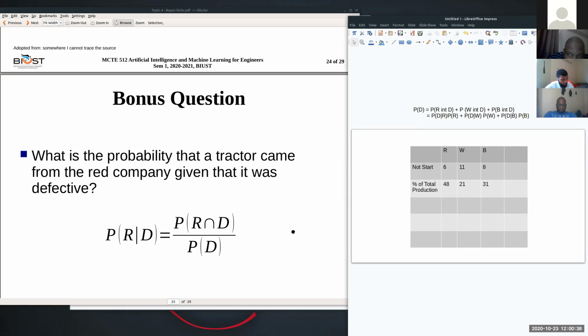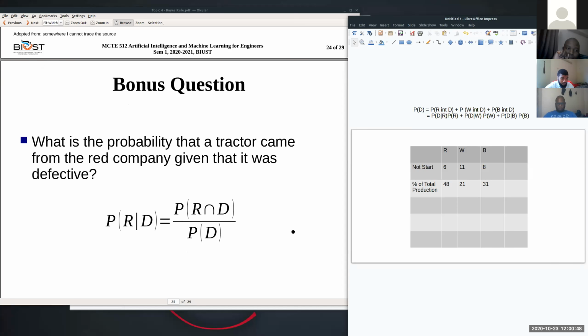Because the boss will say, oh, there's a defective tractor, and you don't want the boss's finger to be pointed at you. So you compute the probability that it is indeed from your red line.